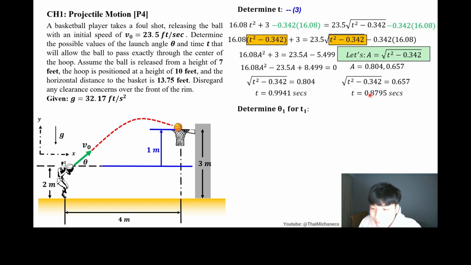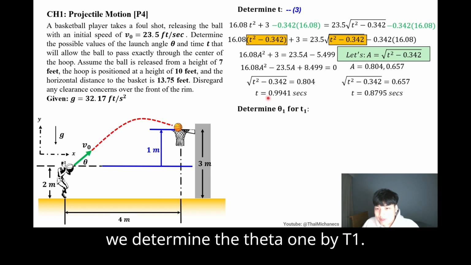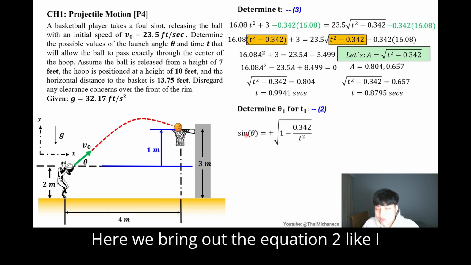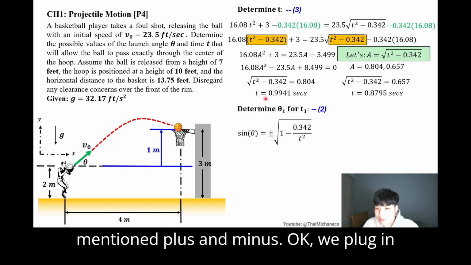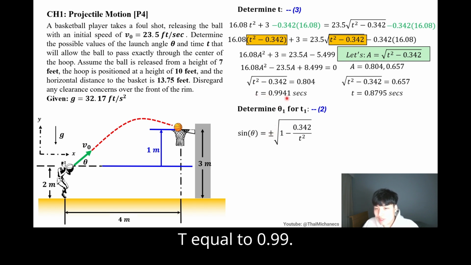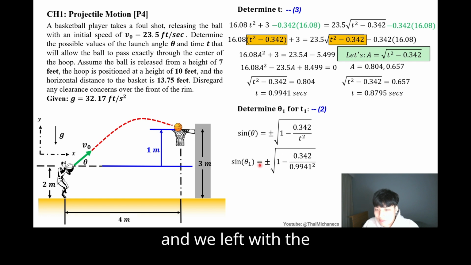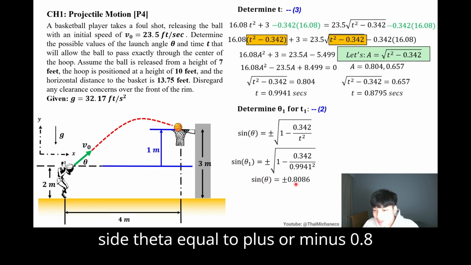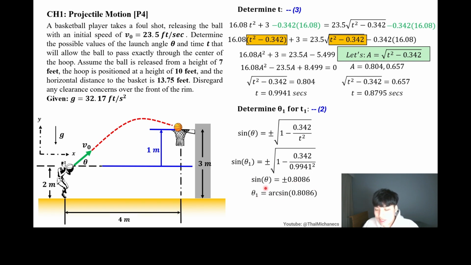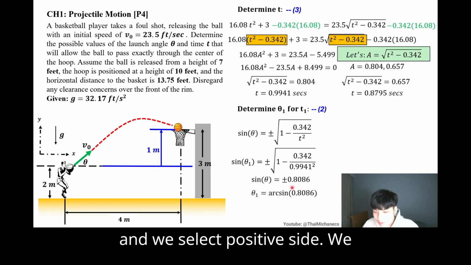So we determine theta 1 from t1. Here we bring out equation 2, with plus and minus. We plug in t equals 0.99, and we are left with sine theta equal to plus or minus 0.8, and we select the positive sine.